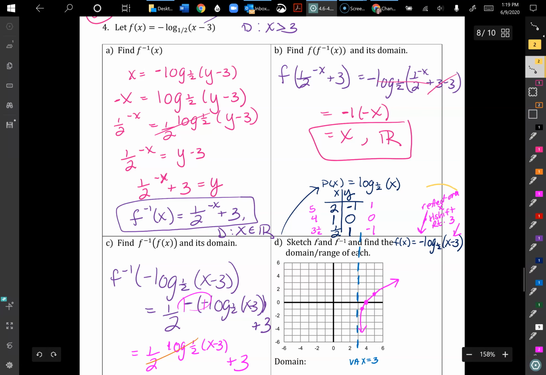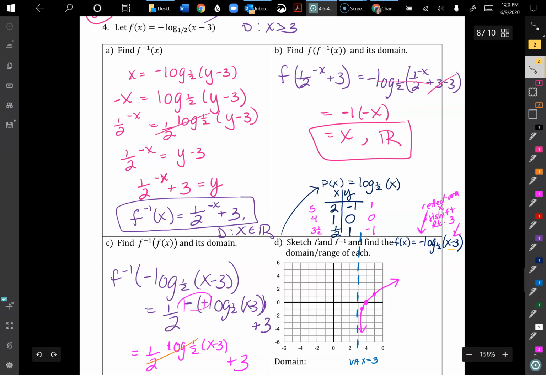So then from there, I looked at what my transformations were for the f of x. So I have a negative there affecting my output. So that means I'm going to reflect on the x-axis. So all my y's will get multiplied by negative 1. That's what I have here in the pink.